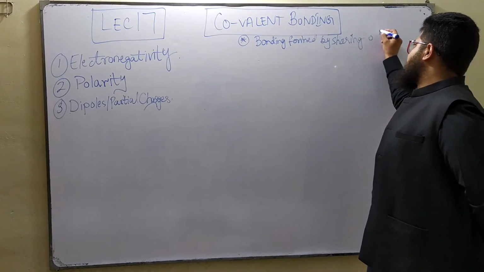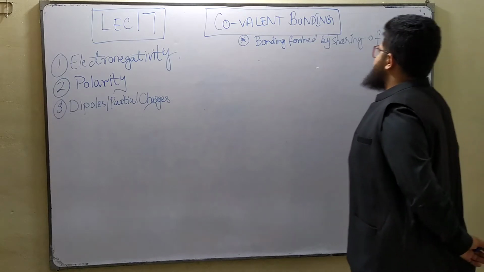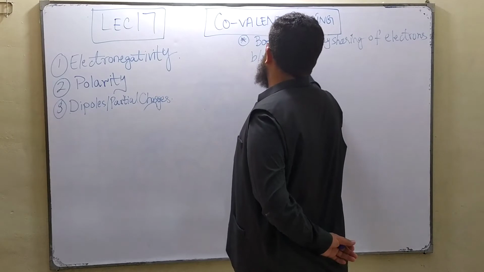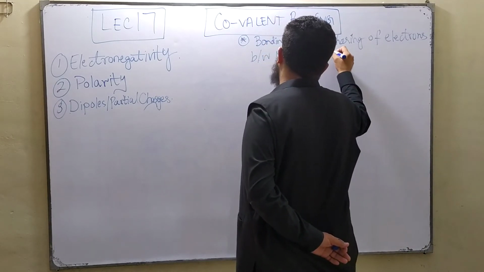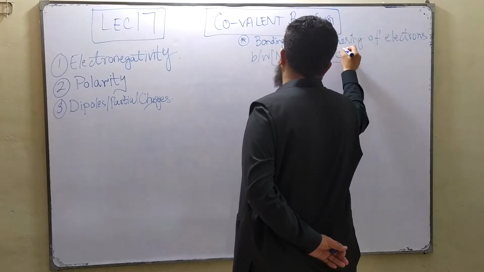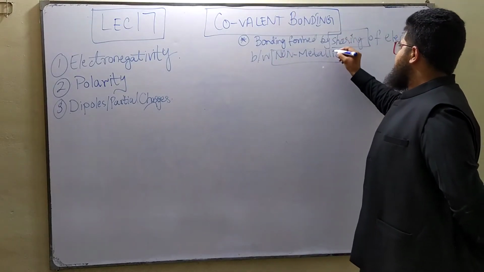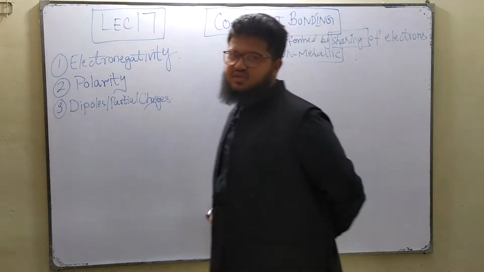By sharing of electrons between non-metallic elements. This is a key term, non-metallic elements. It does not form between metallic elements, it's formed only between non-metallic elements. And in case of covalent bonding we have to share electrons. And the basic concept of O levels apply.